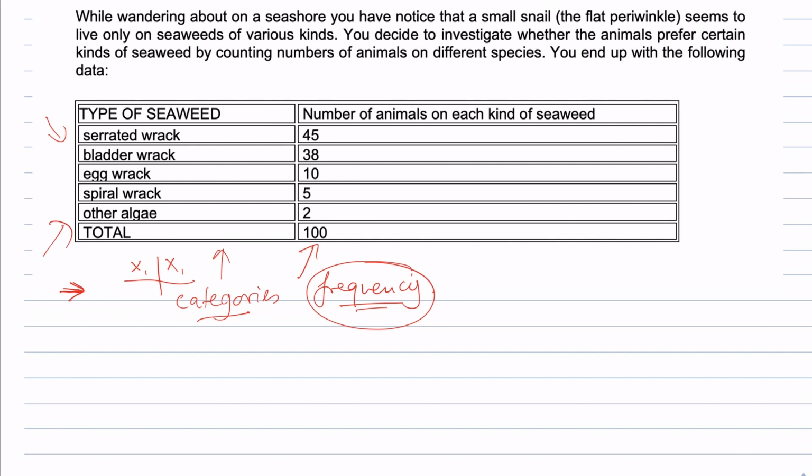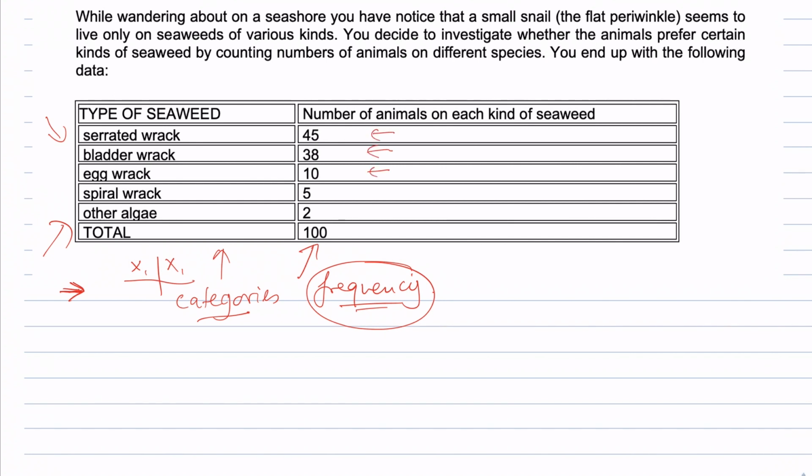The other thing, and I wouldn't focus on this too much, it's an additional idea, is that we do have an expectation of what we would expect to see if the organisms didn't have a preference. If they didn't have a preference, then the numbers of these animals on each kind of seaweed would all be the same.